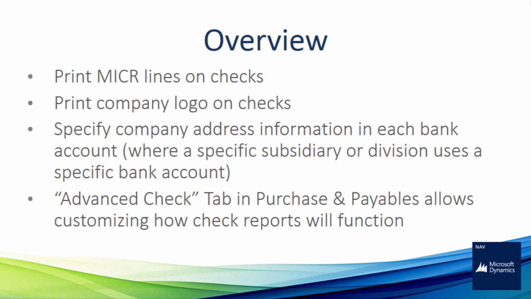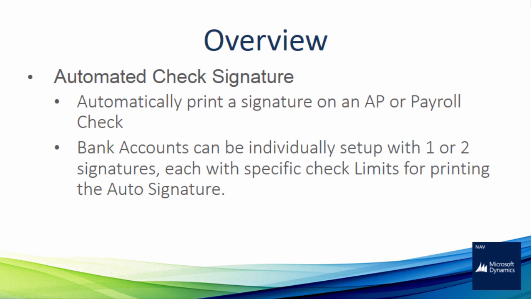And then the advanced check tab in Purchases and Payables allows us to customize how we want the actual check layout to be printed or managed on a per company basis, and then again, we can set it up by bank account. The automated check signature allows us to automatically print signatures on AP.